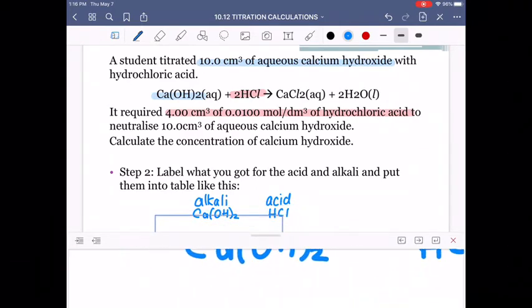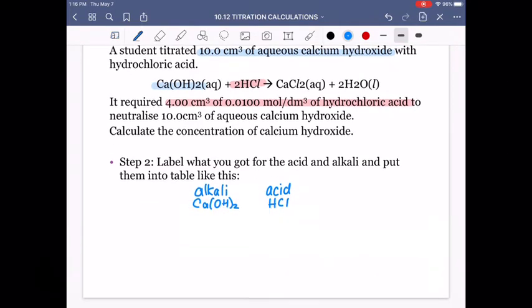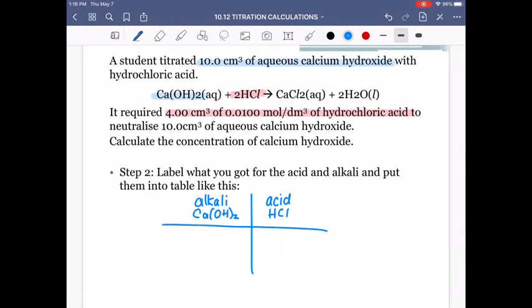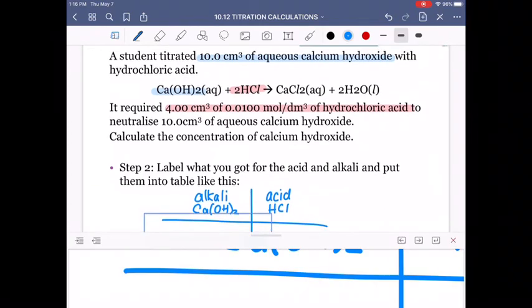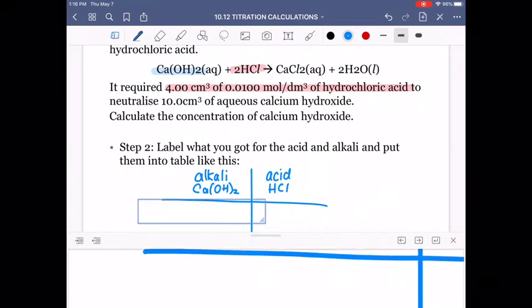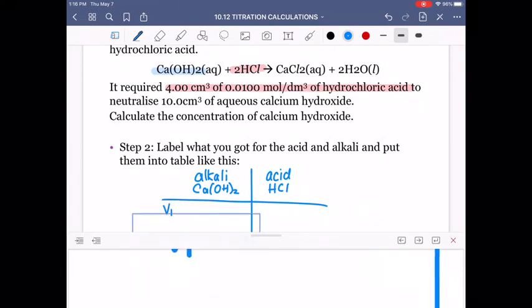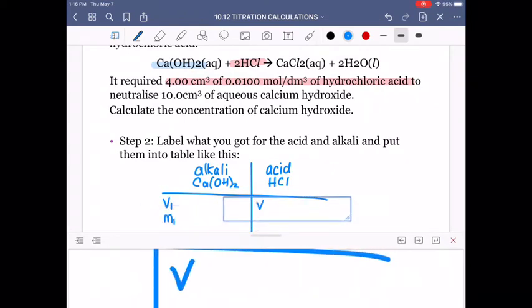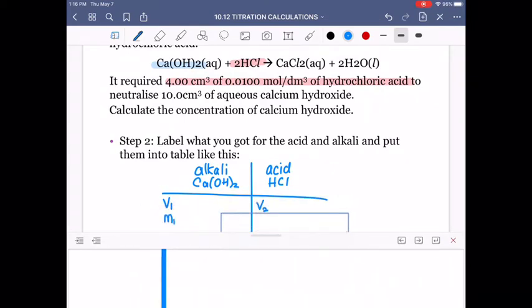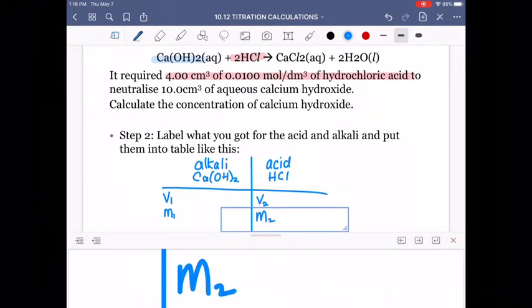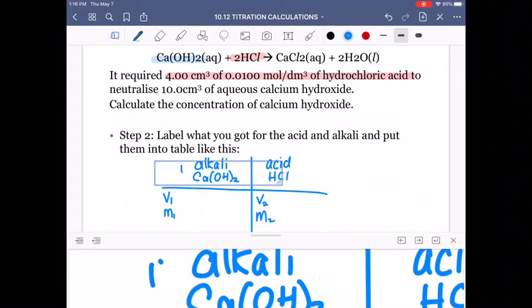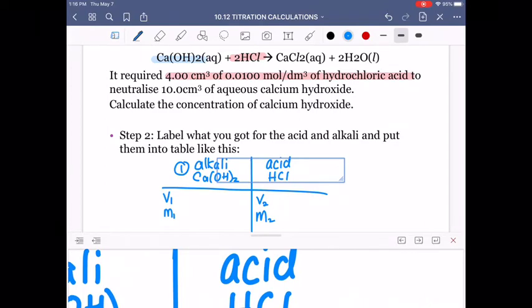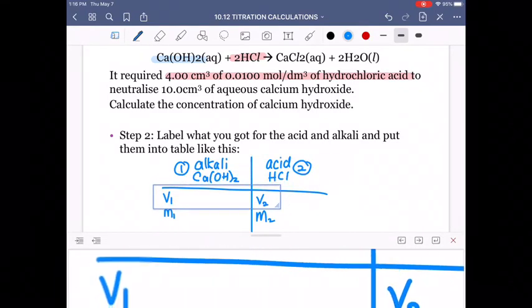As always, please put a line as a barrier. First step, volume, molarity, volume, molarity. First solution, second solution.